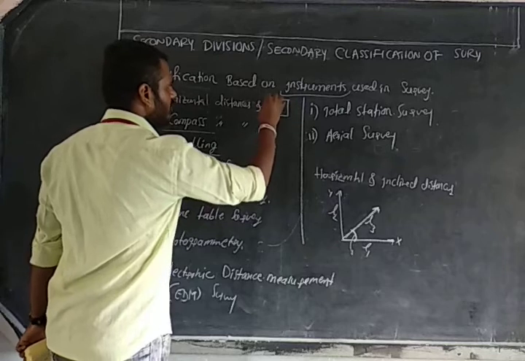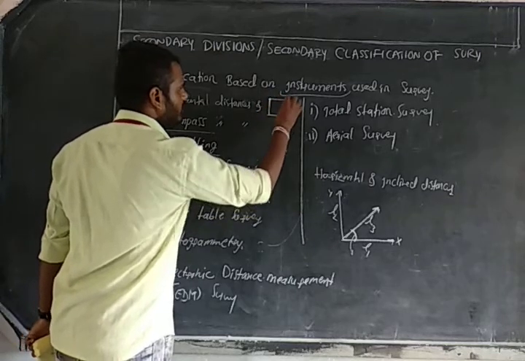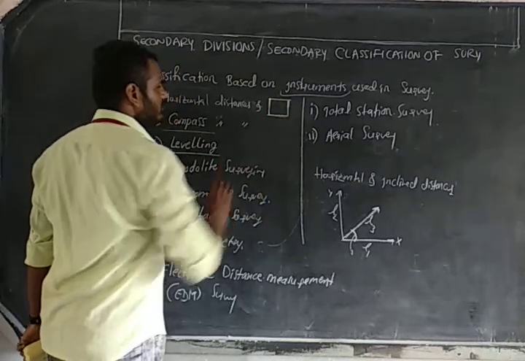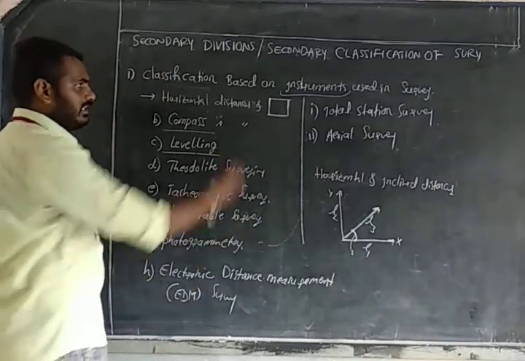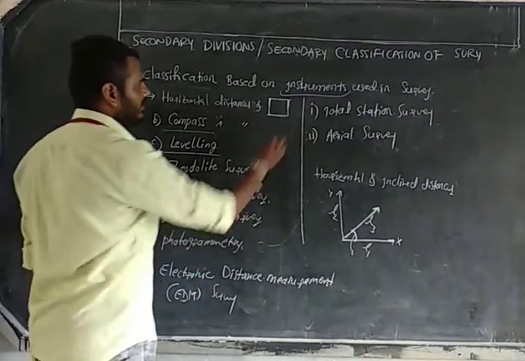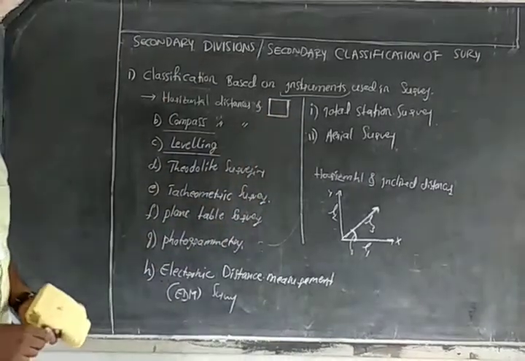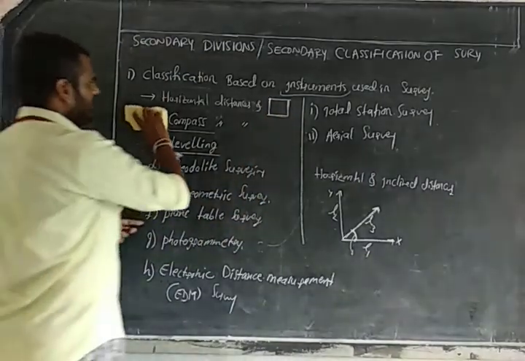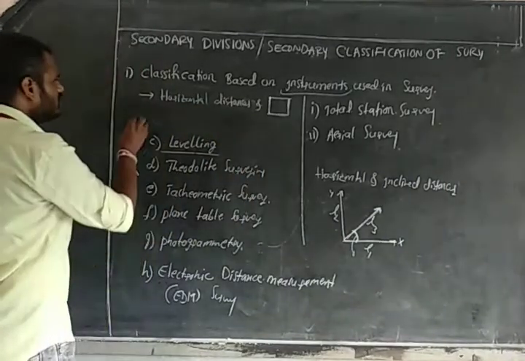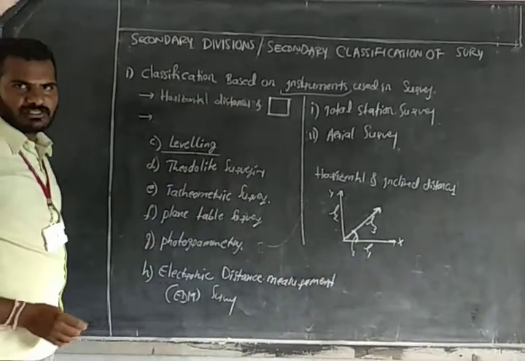With the help of this chain, we measure all the sides. After measuring the 4 sides of this square or any other object, you can calculate the area by applying the formula.